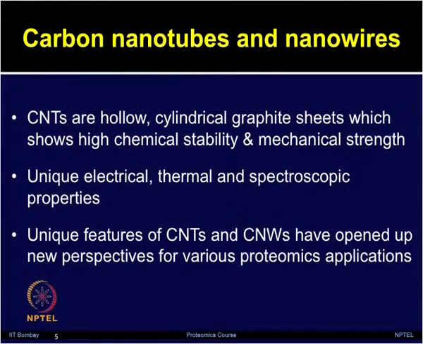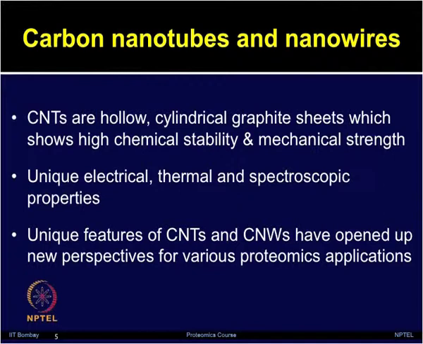So, what are these CNTs? These are hollow cylindrical graphite sheets which show very high chemical stability and mechanical strength. The CNTs and nanowires offer very unique electrical, thermal as well as spectroscopic properties.